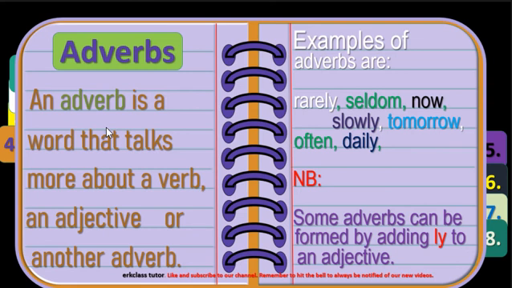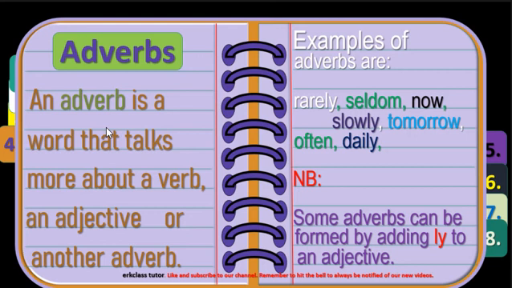For example, the adjective rare, if we add ly, we get the adverb rarely. The adjective easy, if we add ly, then we'll talk of easily.